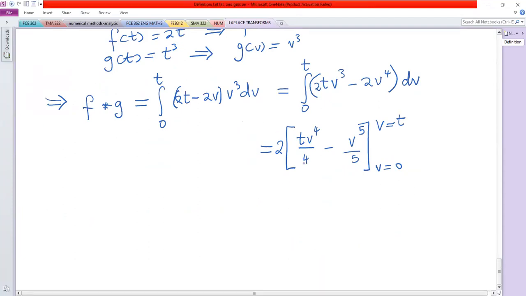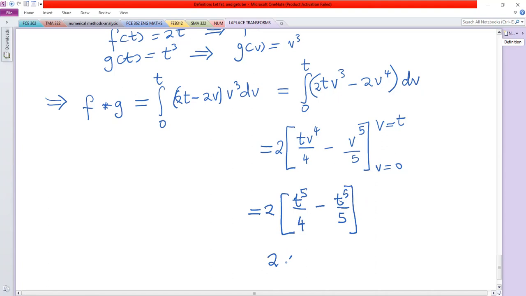So, which is the same thing as 2 into, when you replace v with t here, we get t times v power 4, which is t power 5 over 4 minus t power 5 over 5, and then the lower limit will be 0, so minus 0 just means the same thing.